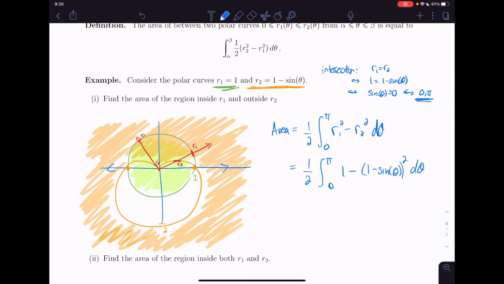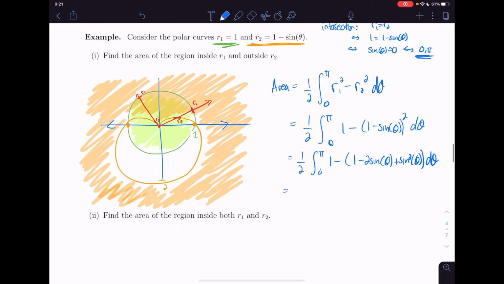No, well, if we were to go through this, we would get 1/2 times the integral from 0 to pi of 1 minus, this will FOIL into 1 minus 2 sine theta plus sine squared theta d theta, which will become, notice that the 1's will cancel, but we do need to distribute the negative. So this will become 1/2 times, here we're going to get the integral of sine.